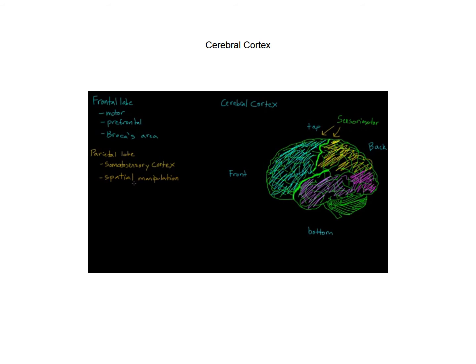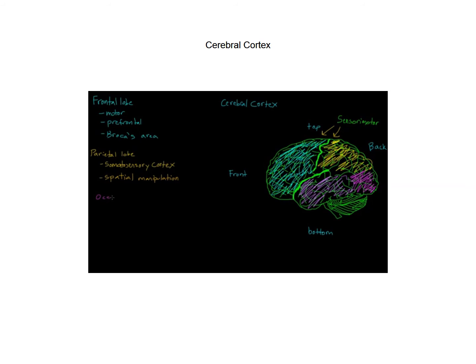For example, if I wanted to reach out and grab a cup of coffee that's in front of me, I could use my prefrontal cortex to plan the movement and my motor cortex to complete that movement, but I also need my parietal cortex to tell me where that coffee cup is in front of me. And without that, I wouldn't actually be able to reach out and pick it up. Other things like knowing how to navigate around your house or your town, that's also what we mean when we talk about spatial manipulation or spatial processing.